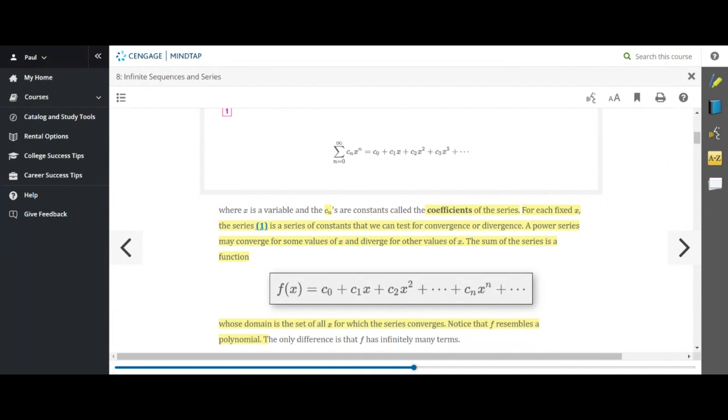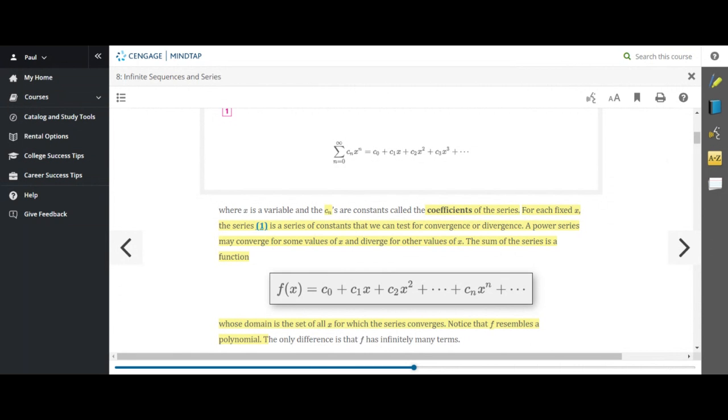For instance, you're going to learn that you can take the cosine function and write it as a power series. And there's an interval of convergence for that, which is actually all real numbers. But other types of functions, when they're written as power series, their interval of convergence would be maybe more restricted than the function's normal domain.